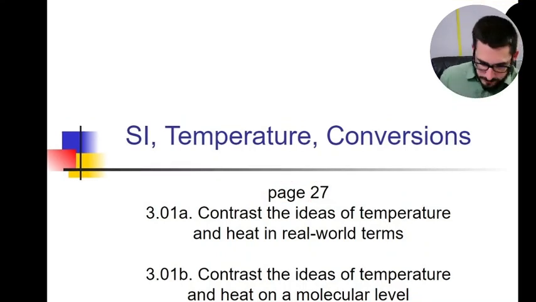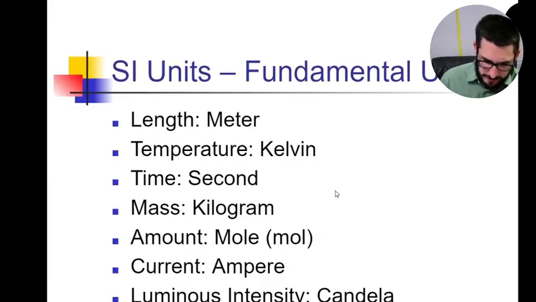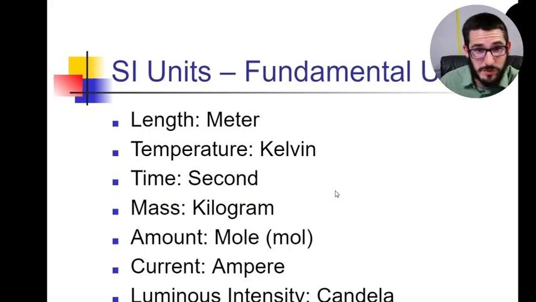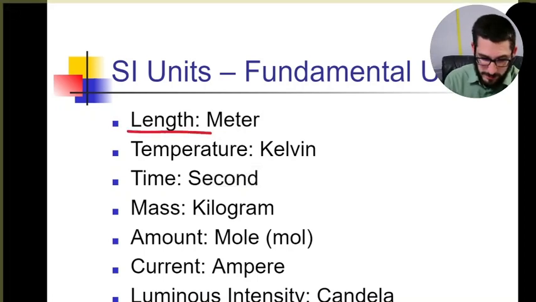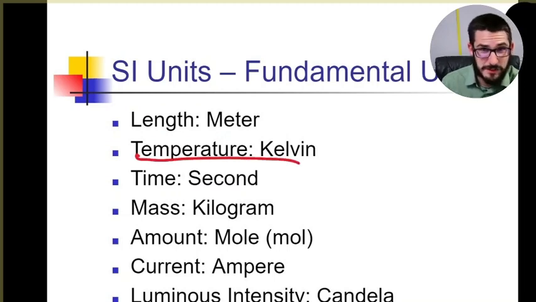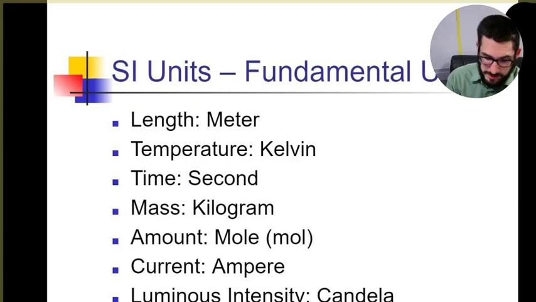All right. So we are going to begin first talking about SI units. Fundamental units are the ones that we deal with regularly, and these are going to be ones that are unaltered. So for length, we've got the meter. For temperature, we've got the Kelvin unit. We'll talk more about that when we get towards the end of the video with temperature. And time is in seconds.